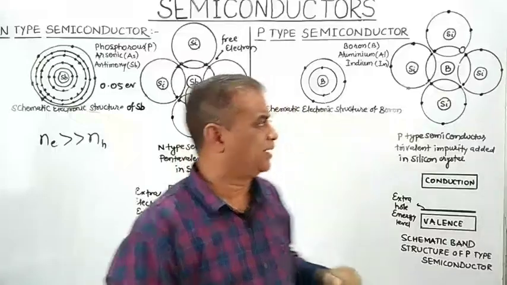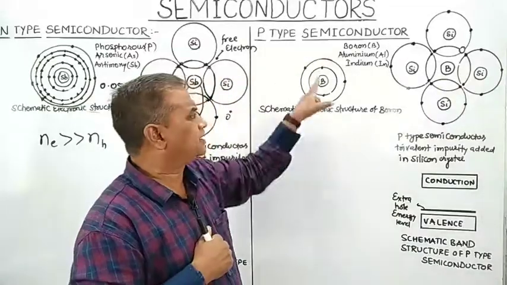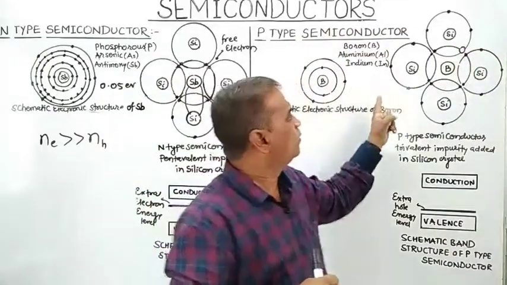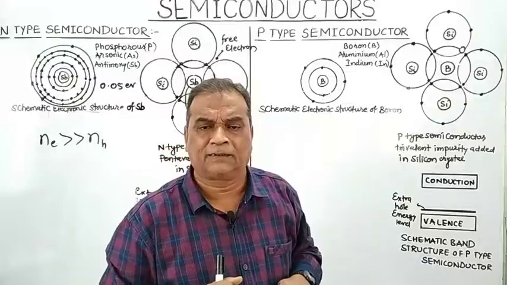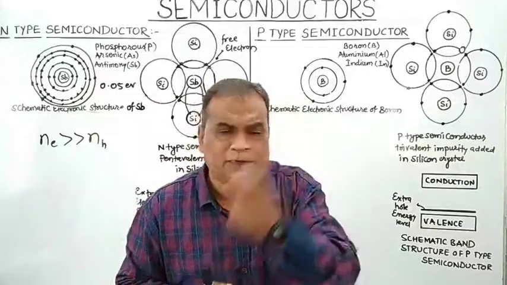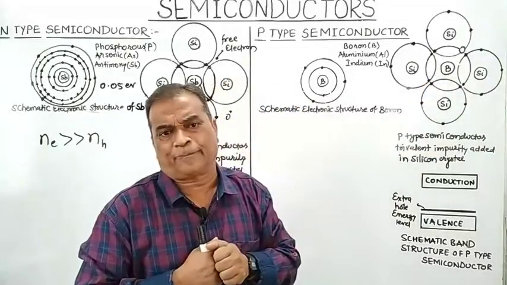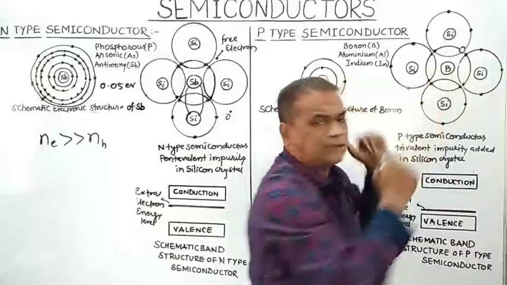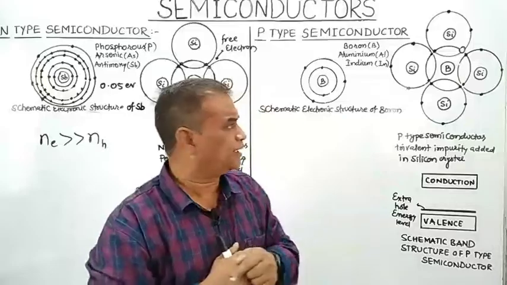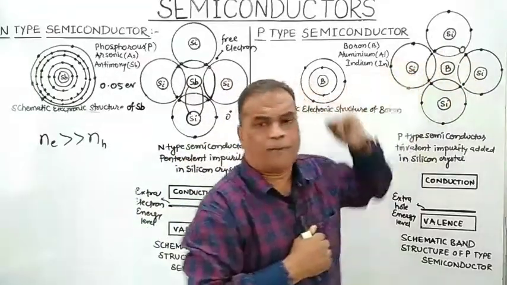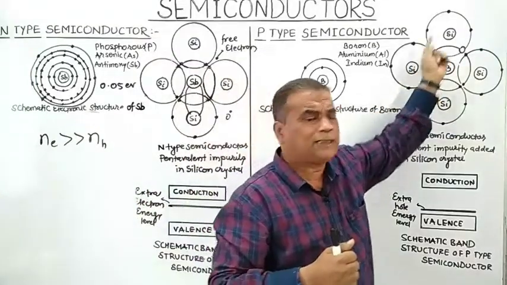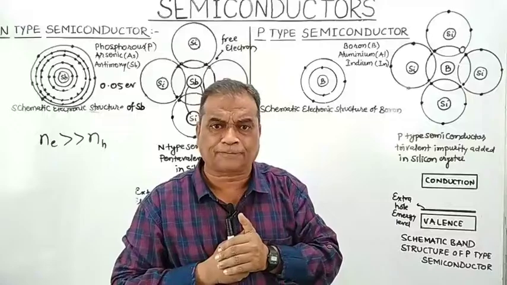To construct a p-type semiconductor, a trivalent impurity such as boron is added as an impurity to a pure silicon crystal lattice. Then what happens? That boron atom will acquire the position of one of the silicon atoms, and due to the crystalline lattice structure of silicon, every boron atom has to share 1 electron each from 4 of its neighboring silicon atoms, whereas boron has only 3 electrons in its outermost orbit.